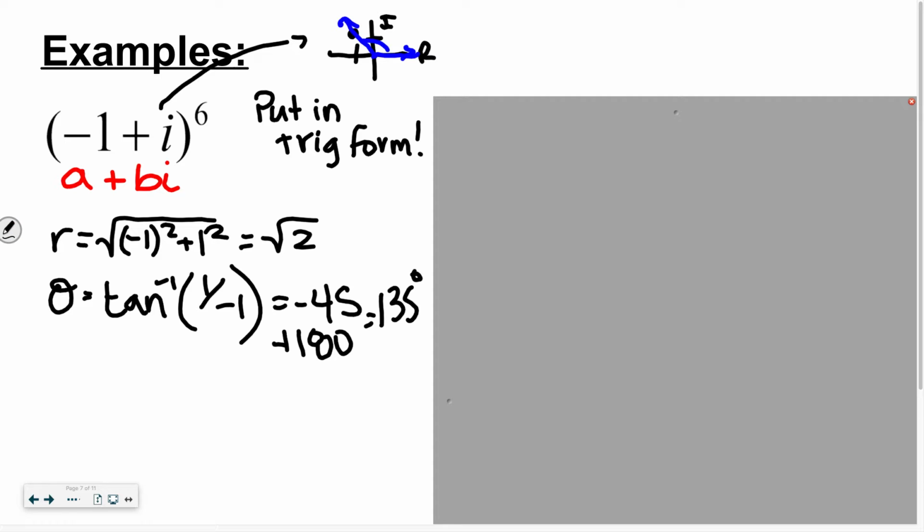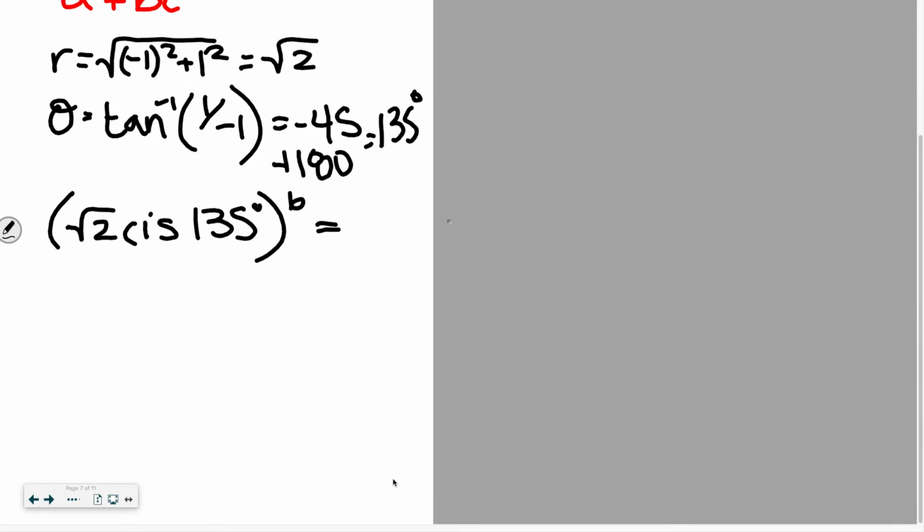Okay, so you could just go straight to de Moivre's theorem. I'm going to go ahead and rewrite this problem. So instead of a rectangular or standard form raised to 6, I'm going to say this is the square root of 2 cis 135 raised to the 6th. Right? I've just rewritten it in trig form. And now I can use de Moivre's theorem, the pattern you just saw. r to the n, cis, n theta, where n is 6.